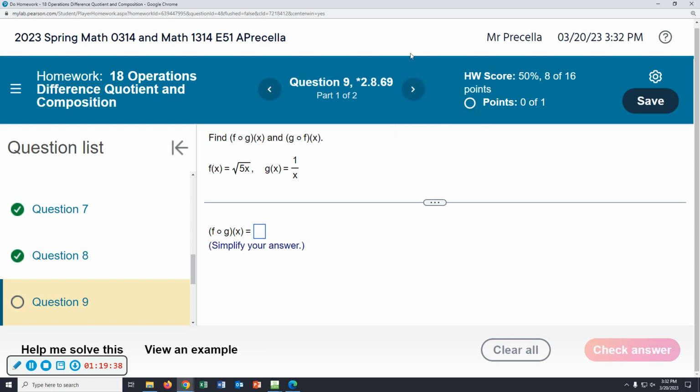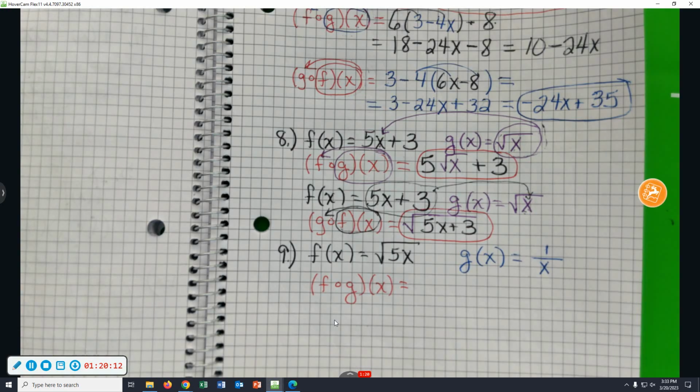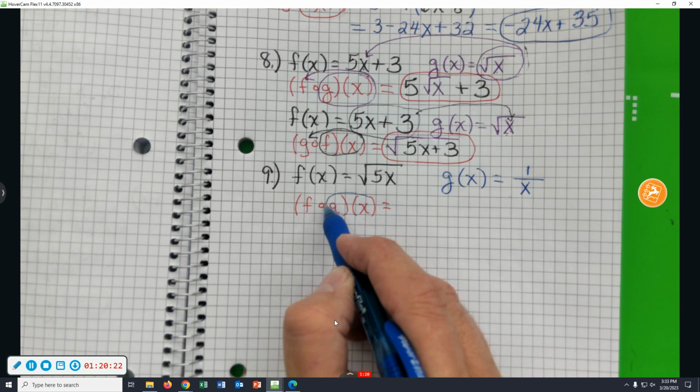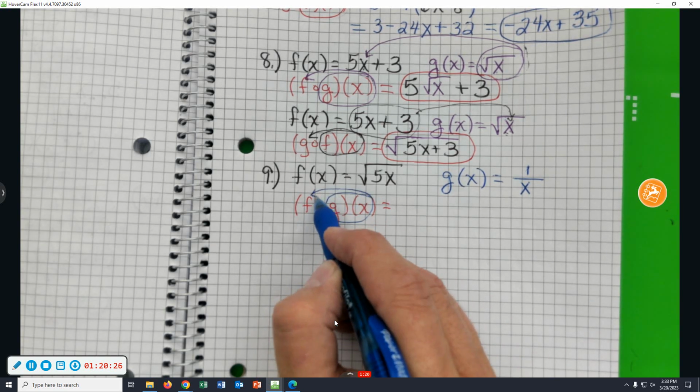Okay, number 9. f of x is the square root of 5x, and g of x is 1 over x. You're going to plug g of x into f.